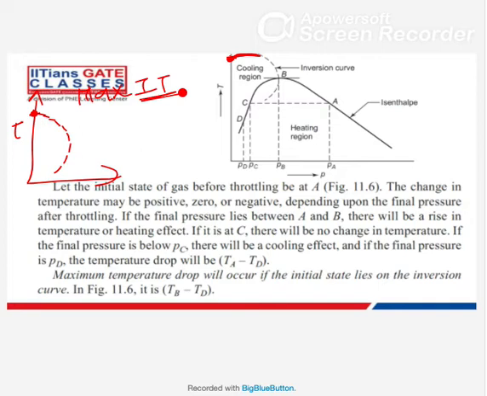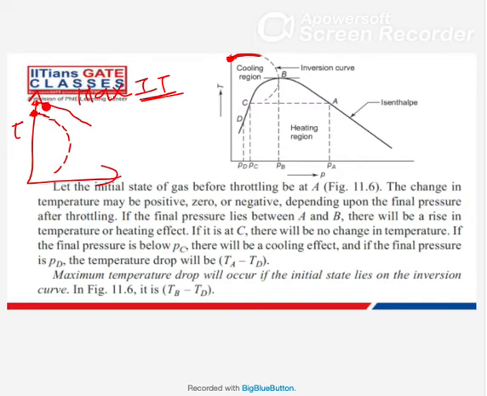Now if you want to cool any substance, your initial temperature should lie below this one. Otherwise, let's say the initial condition is somewhere here, above the maximum inversion temperature, then the isenthalp line will go something like this, keep on increasing only. So you won't be able to cool.